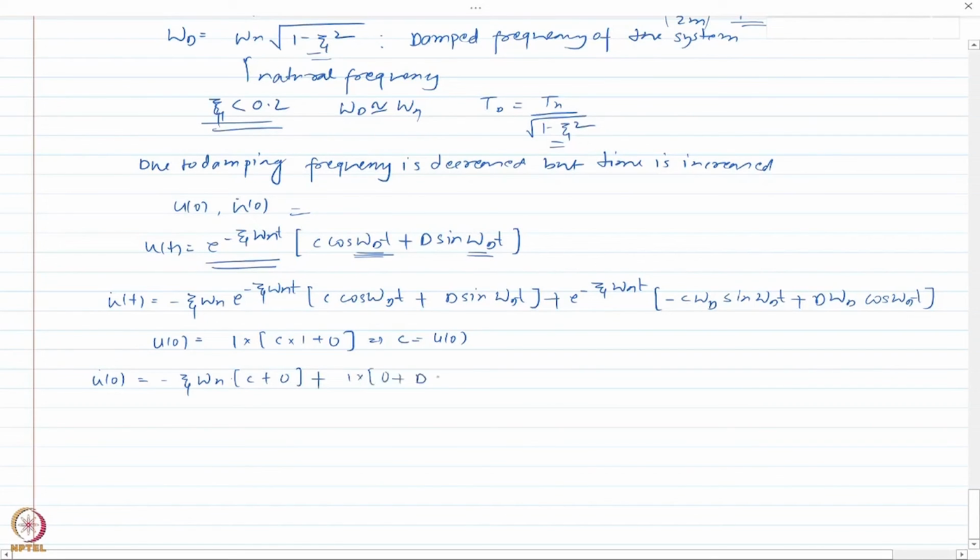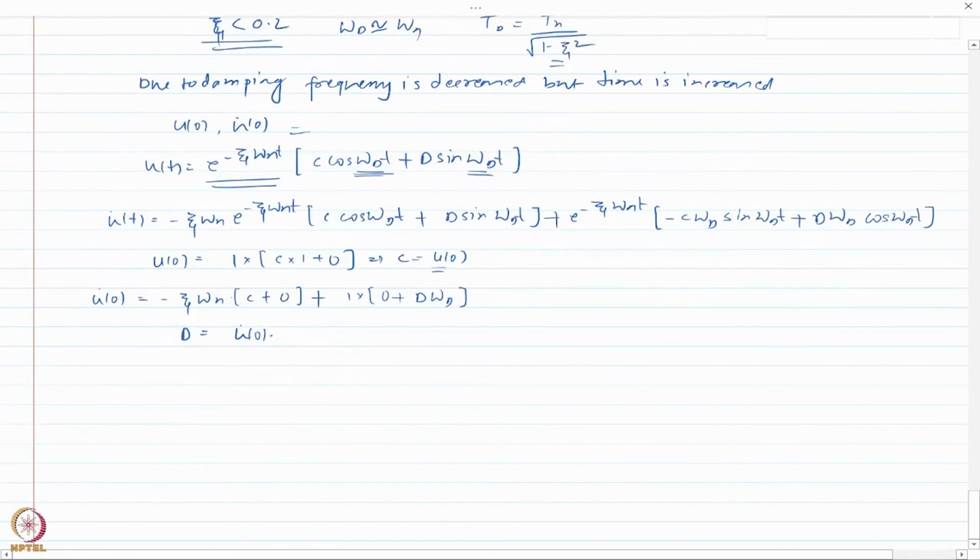So from this equation, substituting c as u(0), I get the value of d as u dot 0 plus zeta omega n u(0) divided by omega d.